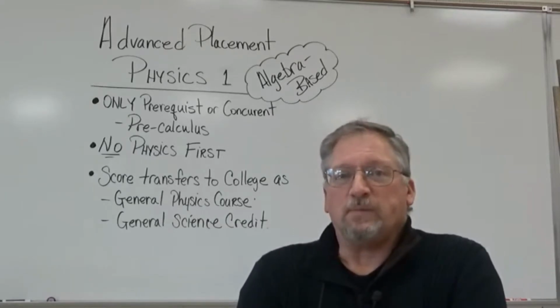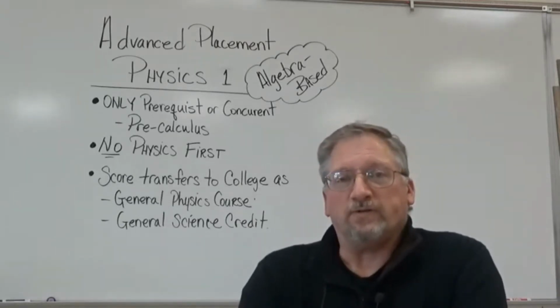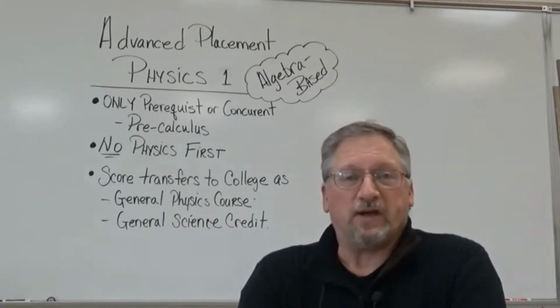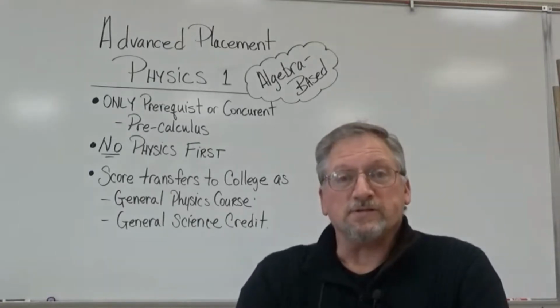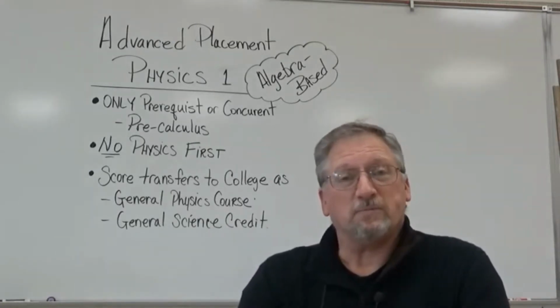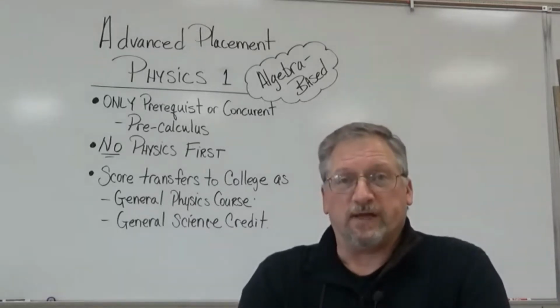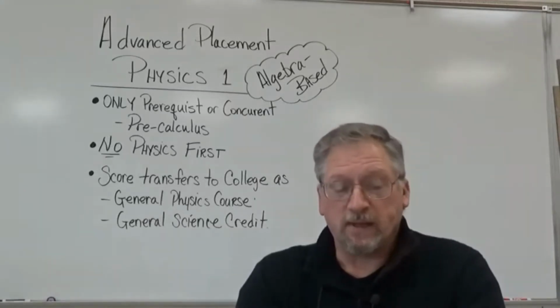Most of the time, AP Physics 1, which is the algebra base, which is what we teach here, will get transferred over as either a general physics credit or as a general science course credit. The only requirement for the course is actually math. You have to be in or already be done with pre-calculus. That's the only requirement for the physics class.